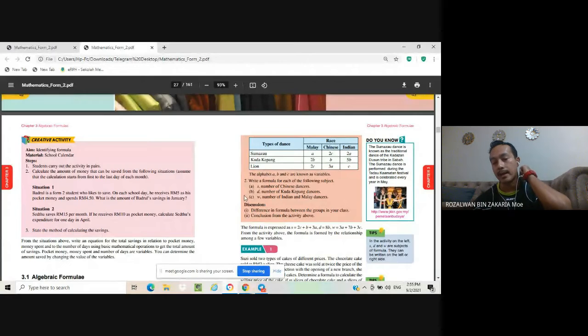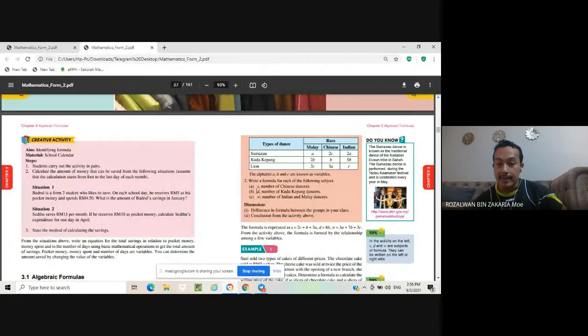Okay, now look at 2B. How to write a formula for D, numbers of Kuda Kepang dancers? All right, so how to write that one? Look at here, the type of dance for Kuda Kepang: the Malay student is 2B, the Chinese student B, and the Indian student is 5B. So to find the number, we have to add, right?